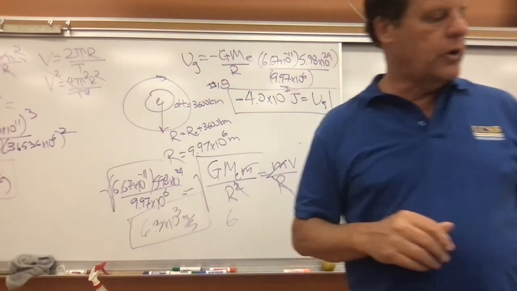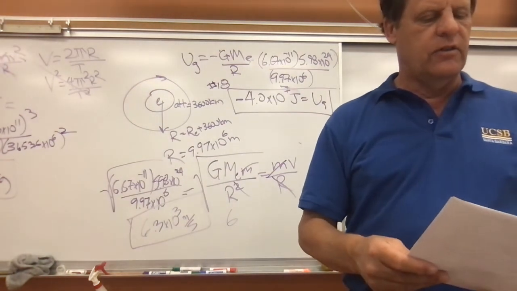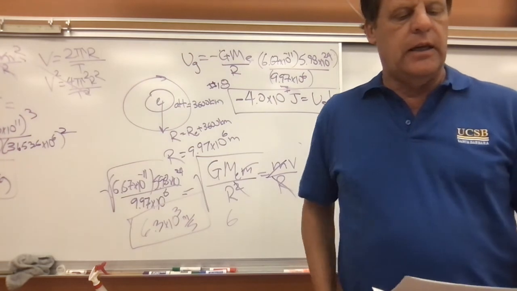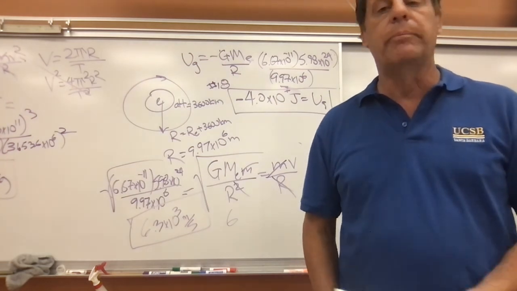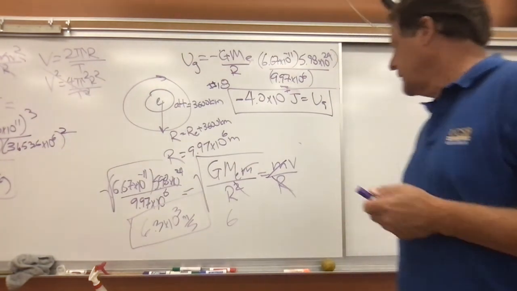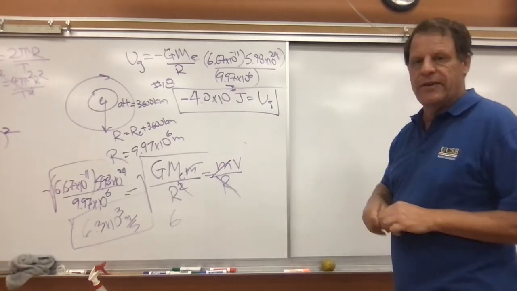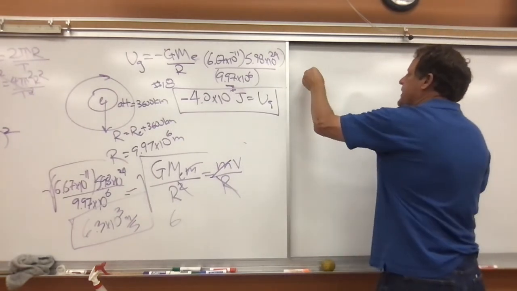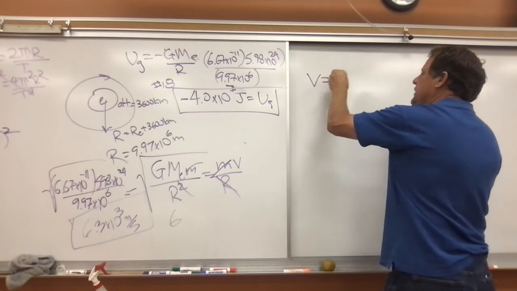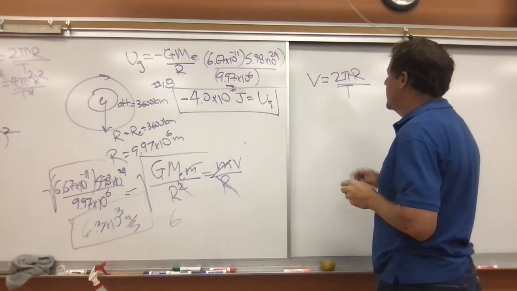Okay, so moving on, determine the orbital period of this satellite, and we could do this in different ways, but we know that velocity is equal to 2 pi r divided by T, okay?